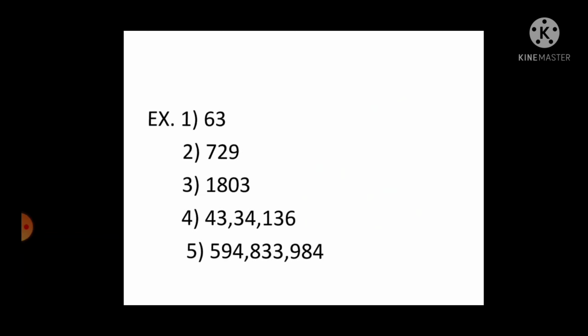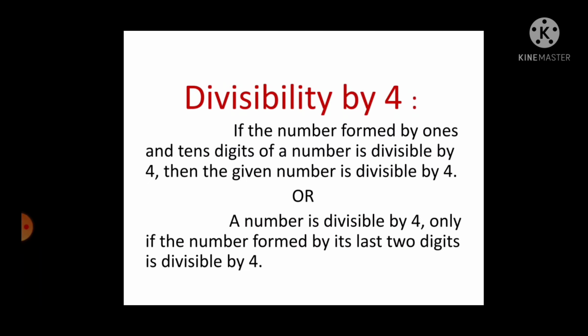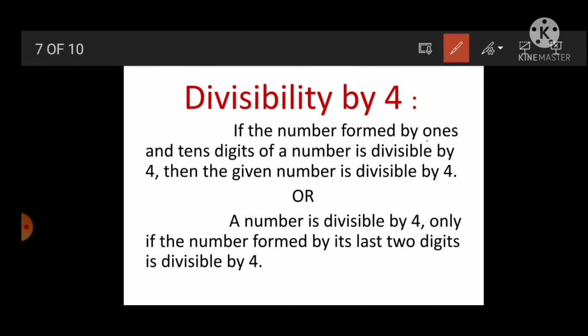Then see the next test, that is divisibility by 4. What is the test of divisibility by 4? See, if the number formed by the ones and tens digits of a number is divisible by 4, then the given number is divisible by 4. Ones and tens digits means the last 2 digits.